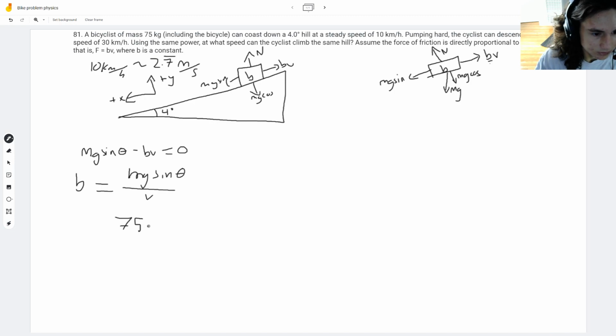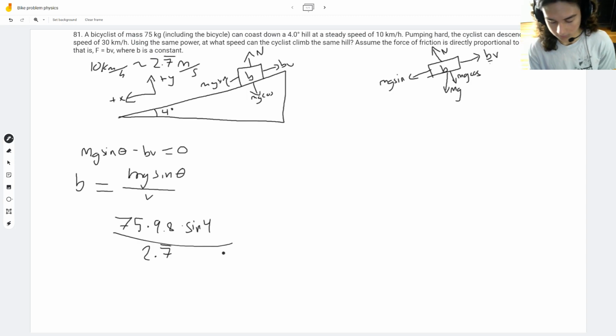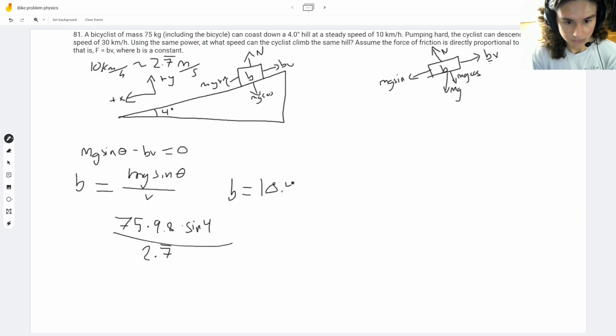So it's going to be 75 times 9.8, because that's gravity, times sine of 4, the 4-degree hill, divided by our velocity, in meters per second, 2.7 repeating. Putting that into a calculator, we get b equal to 18.457.